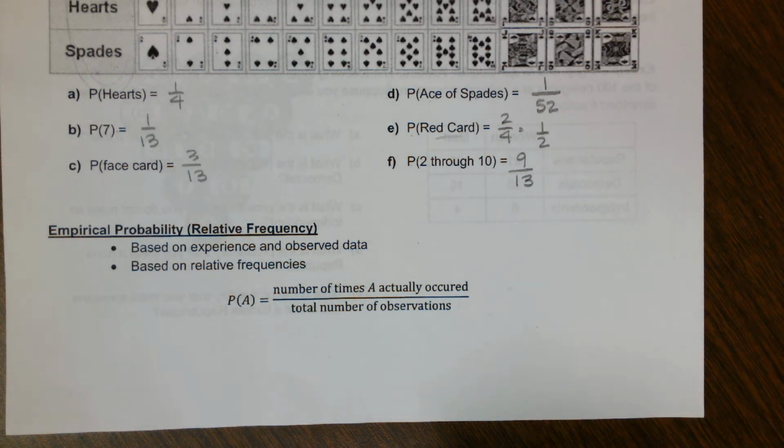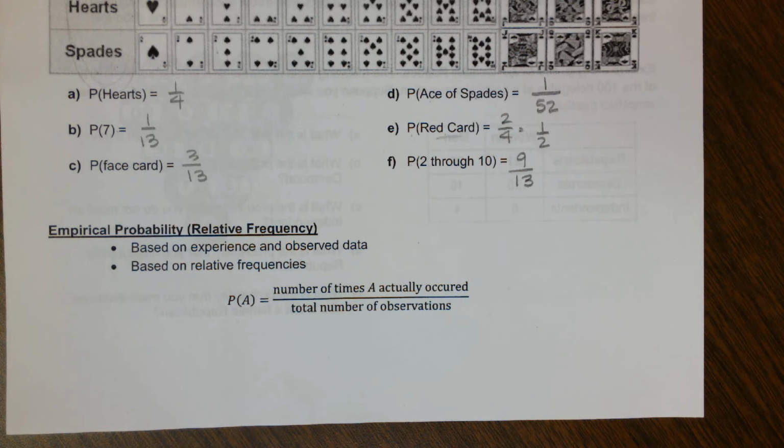Okay, so we use this a lot with, like, insurance companies might look at this to say, okay, in the past, this is about how many times people have filed this claim, or this is the amount of time people normally get in this kind of accident, and so we use the past to help us predict the future. So that's what this empirical probability is for.